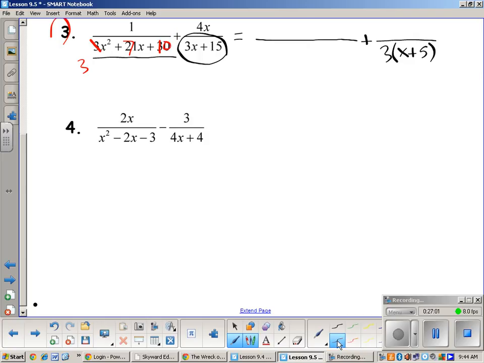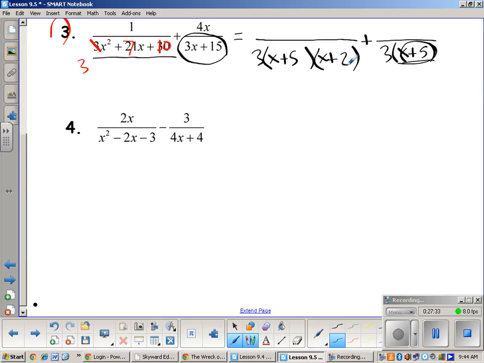So when I go to factor this, I have a 3. I can't forget that. 5 and 2. I'm looking at this though, thinking one of them is probably x plus 5. Okay? And so the other one would have to be x plus 2, and they do add up to 7.